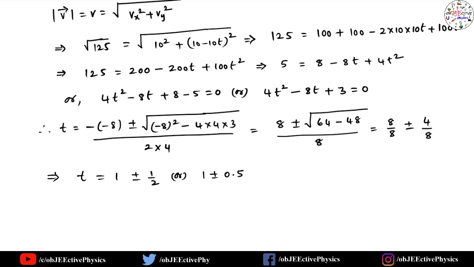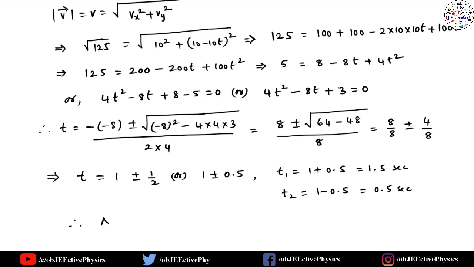So here in the question it is asked the time interval between the moments when speed is square root of 125. Here we are getting t1 is equal to 1 plus 0.5, that is 1.5 seconds, and t2 is equal to 1 minus 0.5, that is 0.5 seconds.